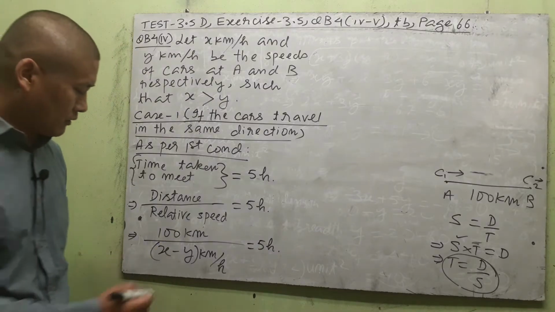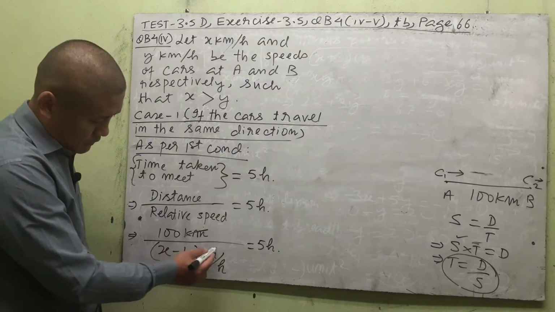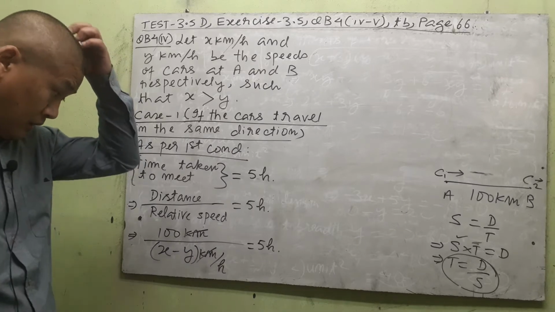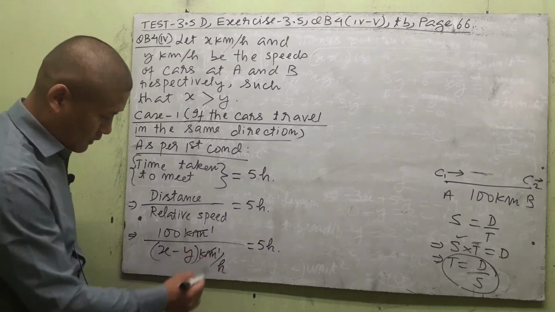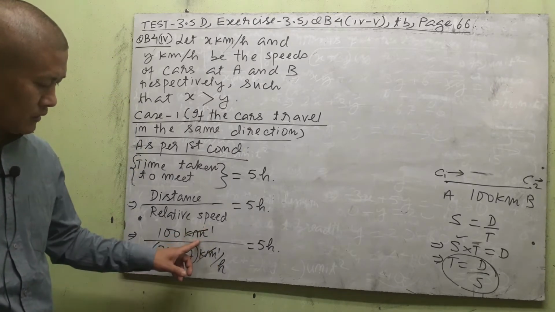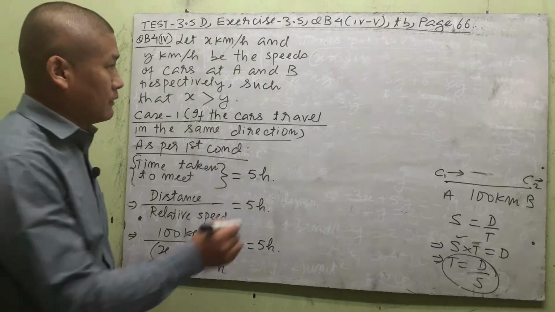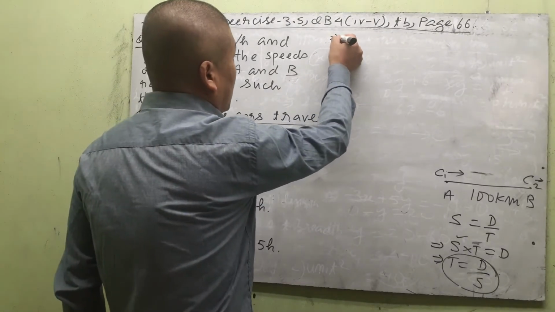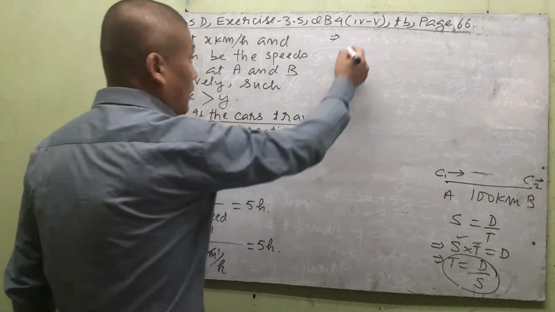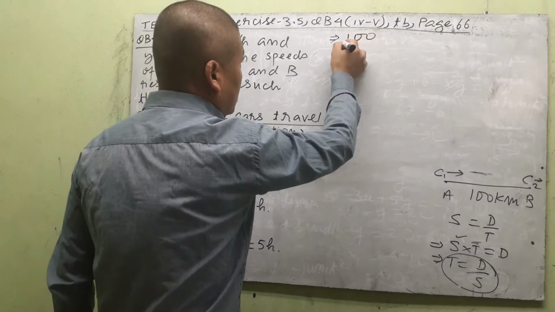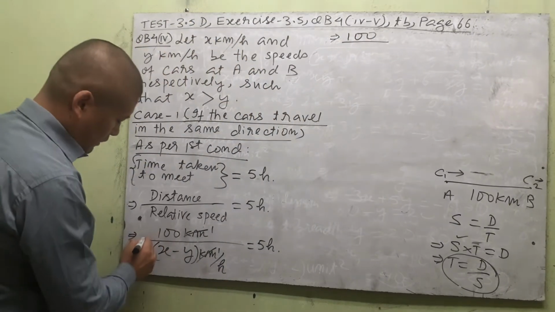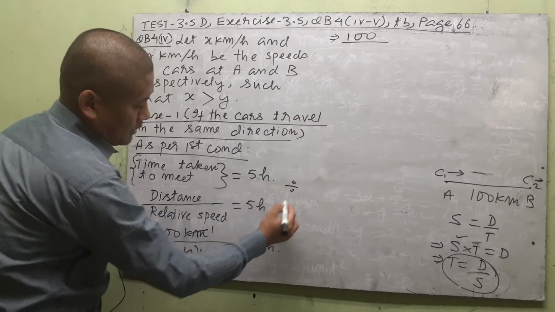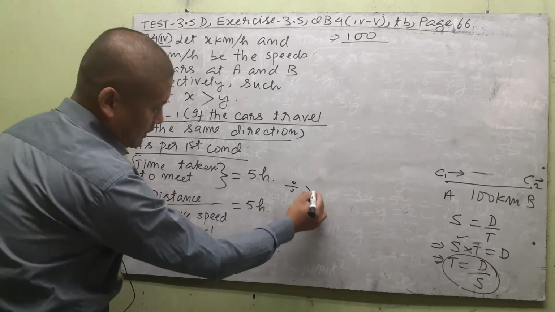Go about doing it slowly. Now this kilometer and this kilometer can cancel. So we are left here with 1 kilometer into 1 kilometer, 1 number 1 is left. So that would imply here 100, then this long line means divided by. So this long line changes to a multiplication sign.